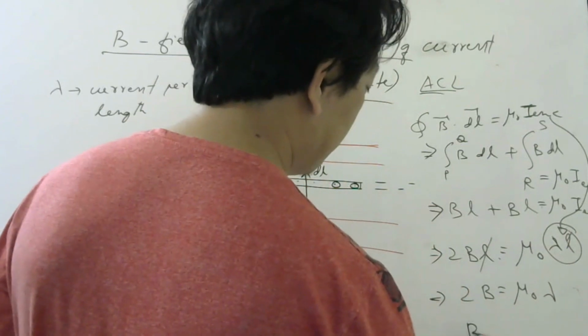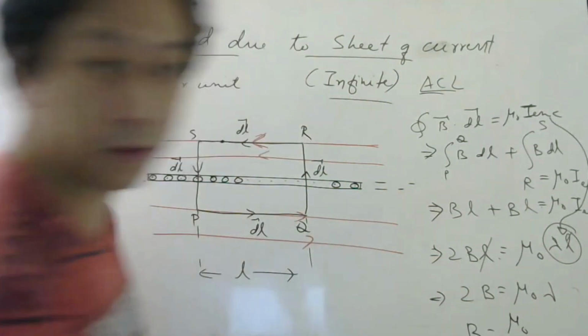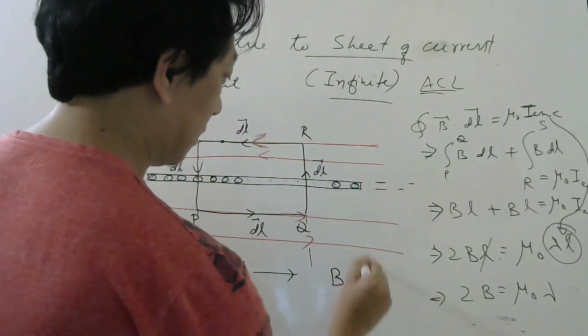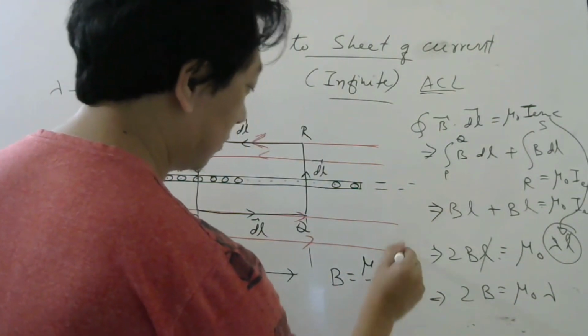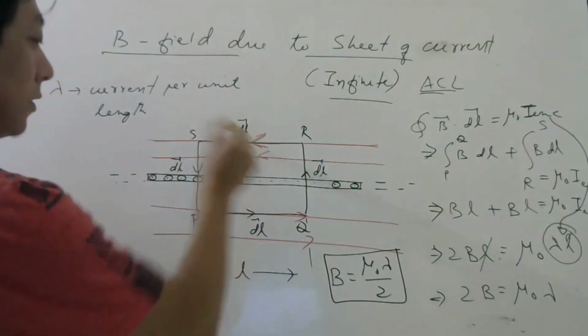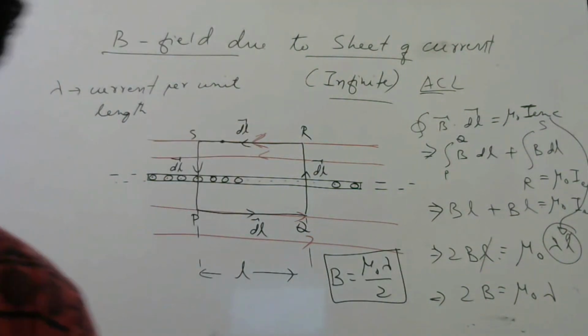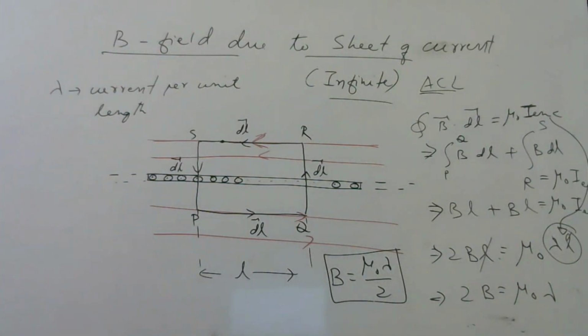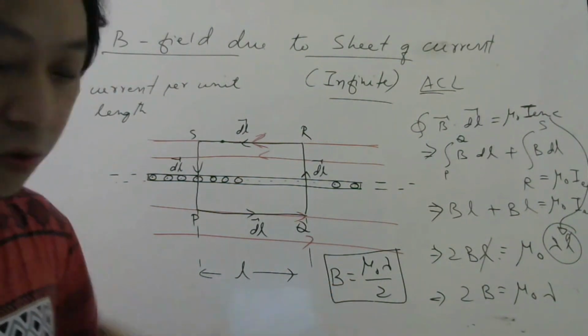So B will be mu naught lambda by 2. So this is the magnetic field at some point due to a sheet of current. You can see it is a uniform magnetic field, just like for a solenoid, it is a uniform magnetic field.